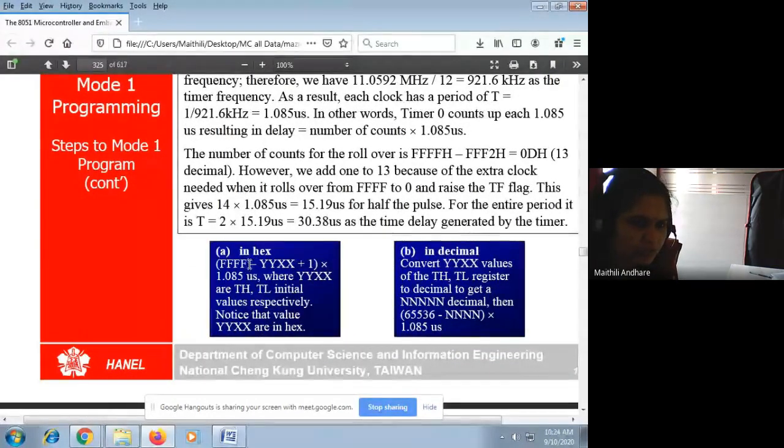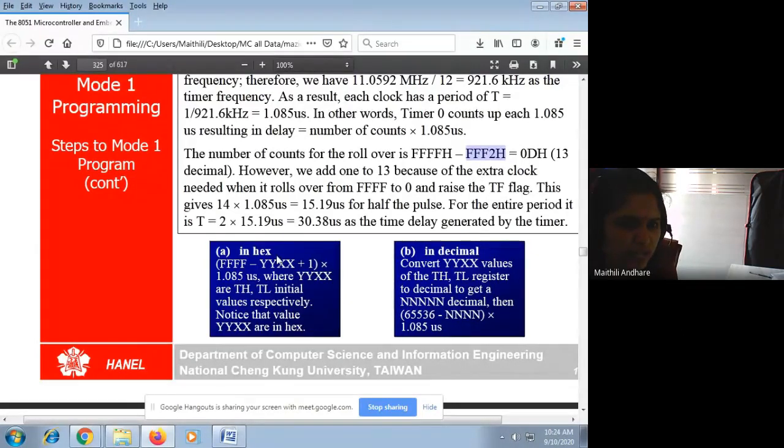If you know the value in hex, that hex value is subtracted from FFFF, that is the 16-bit maximum value. Maximum value FFFF minus YYXX, which is the value loaded in the timer register, and we have to calculate how much delay is generated by the timer.